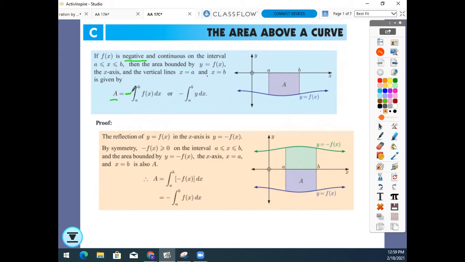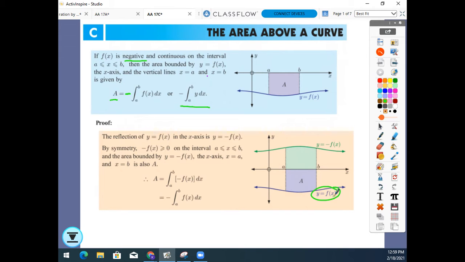All right, so let's talk a little bit about proofs. Sometimes you have to show things on IB, and it does not need to be tricky. So why is this the opposite? Let's think about if we've got this function f of x below the x-axis.